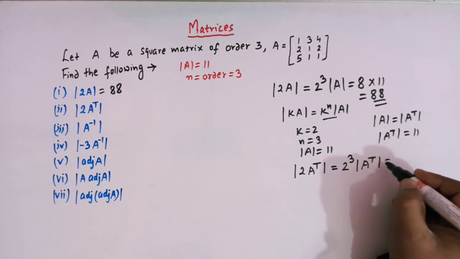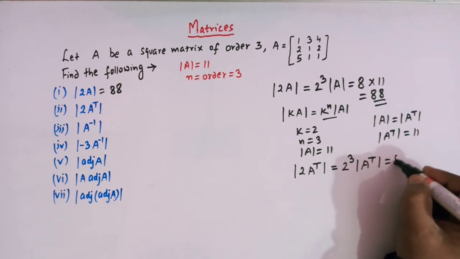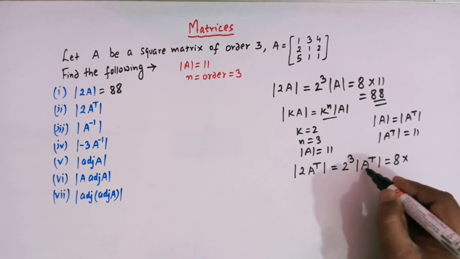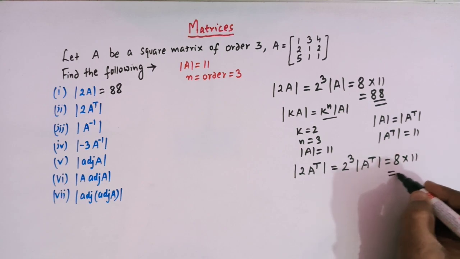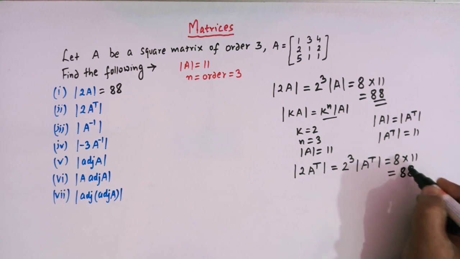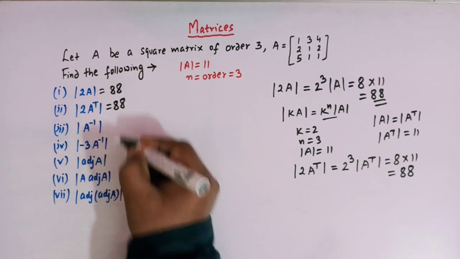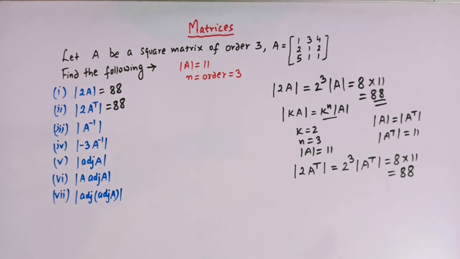So 2 cube is 8, and the determinant of the transpose of matrix A is 11, so this is 88. So here we can write 88.